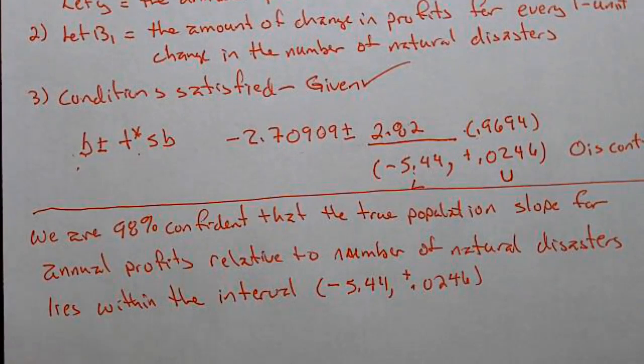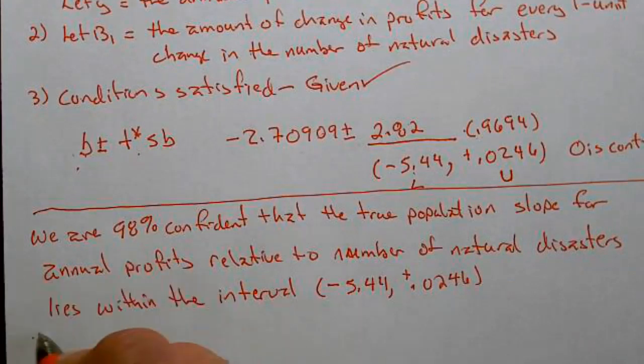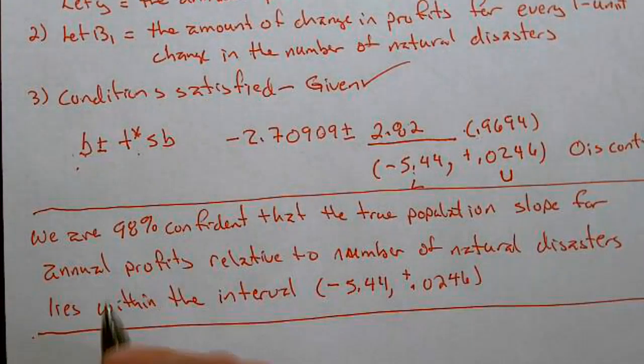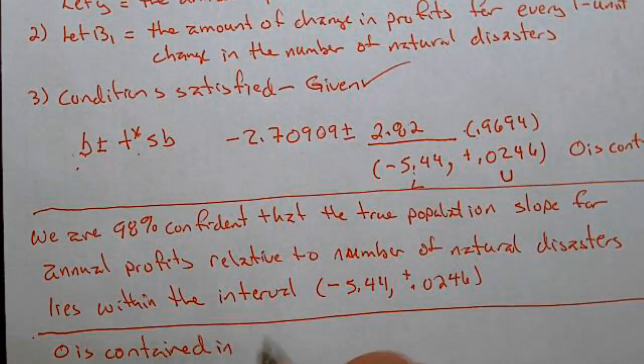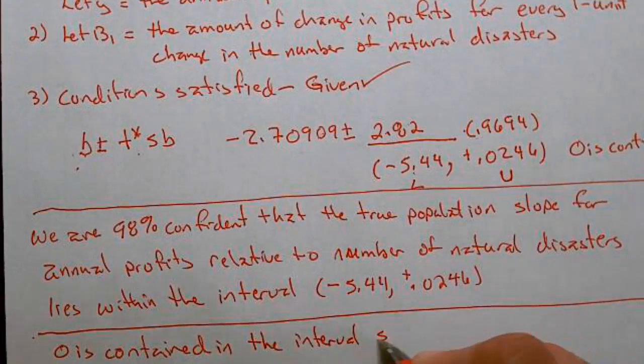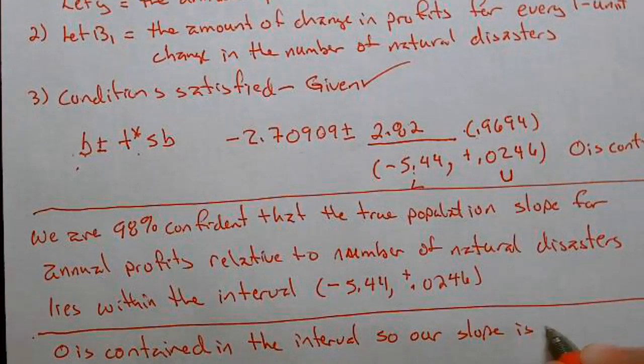So here's the thing. That's correct. And what did we actually learn from that? We actually learned that because 0 is contained, our slope is not significant. And part B, zero is contained in the interval, so our slope is not statistically significant.